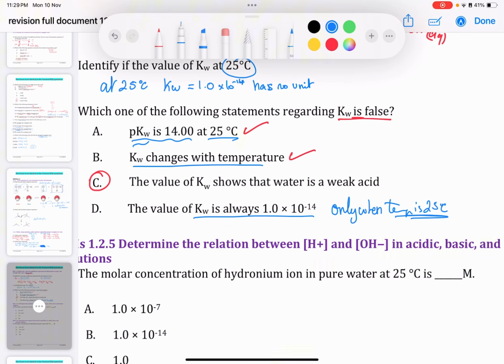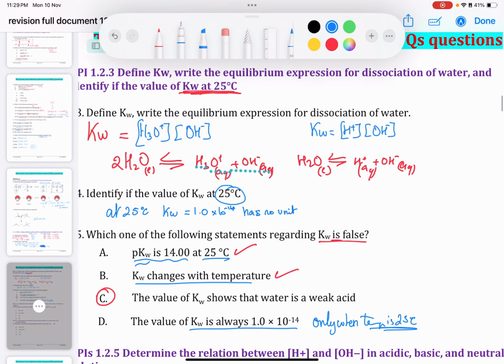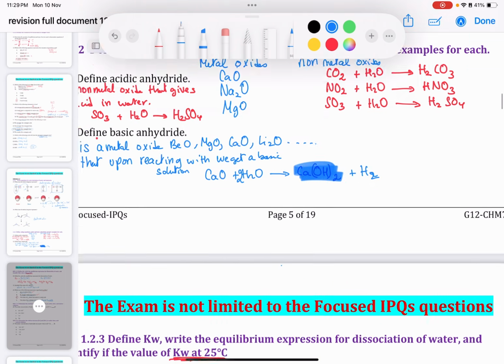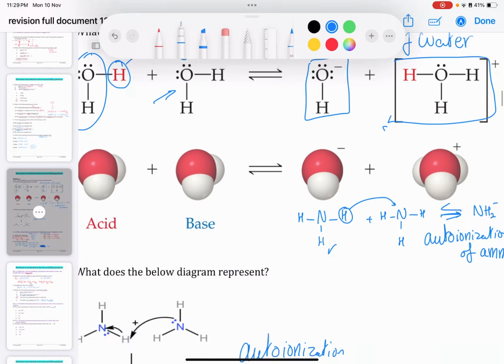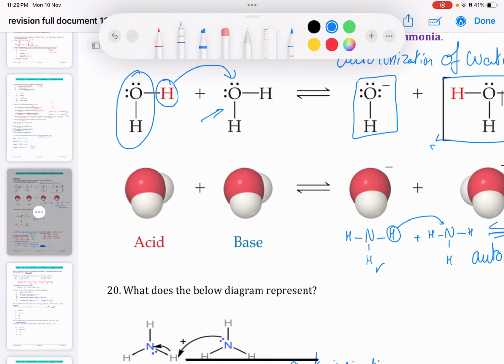Now given C, the value of Kw shows that water is a weak acid. Actually, in this case, water is a weak acid and a weak base. So if you look at this ionization or autoionization that I was just talking about, water here is acting as an acid and it's acting as a base. That's why we call it amphoteric.